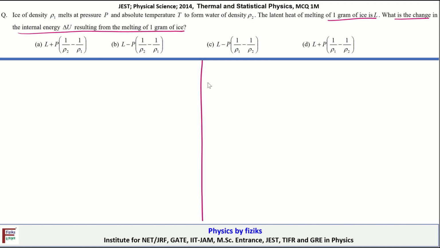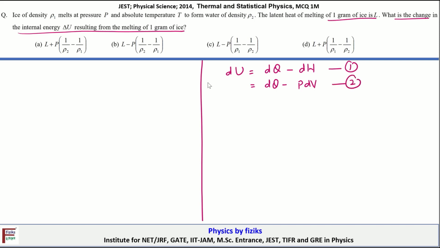We can evaluate the internal energy change by making use of the first law of thermodynamics. According to the first law, dU, the internal energy change, is equal to dQ minus dW. Let's call this equation 1. This can be further rewritten as dQ minus PdV.